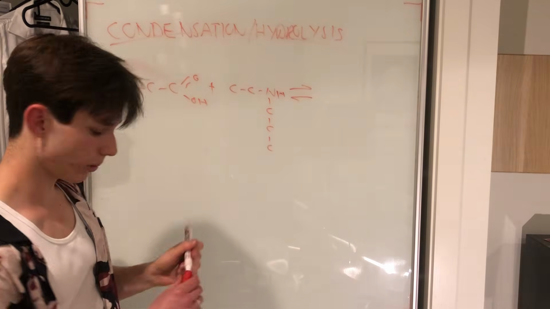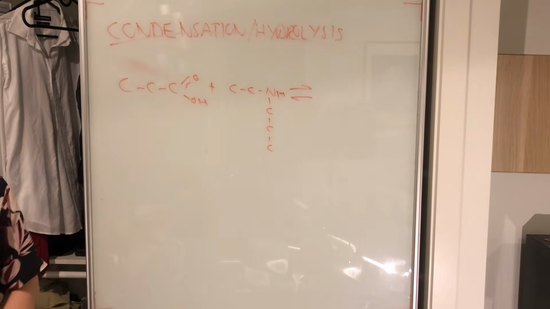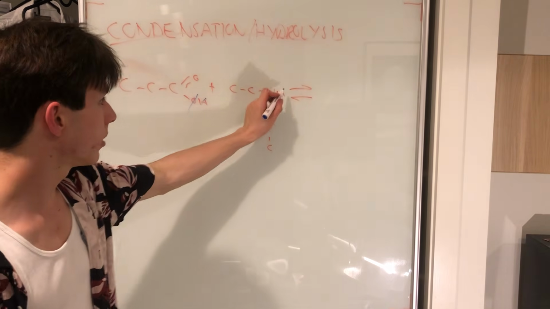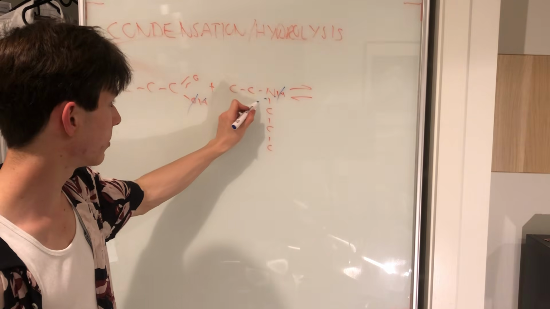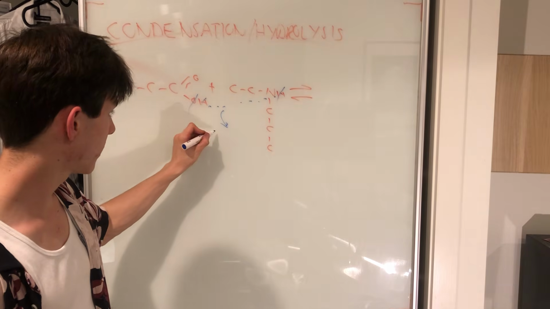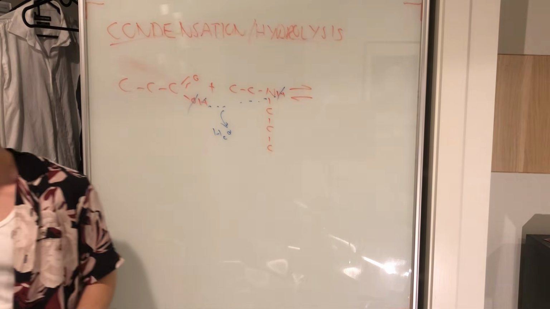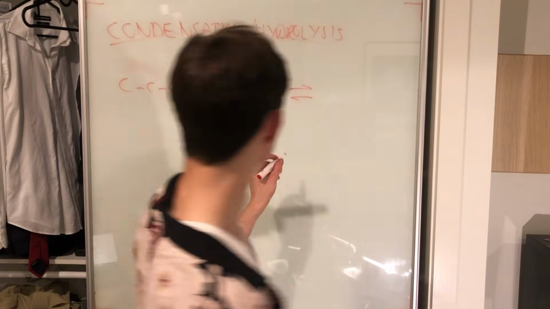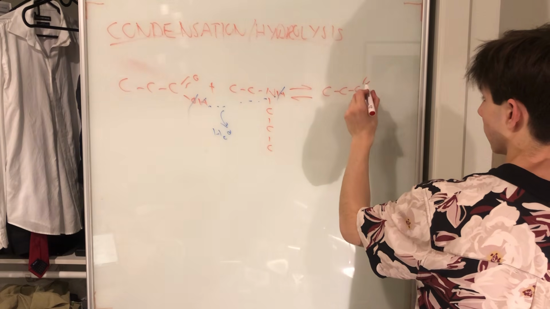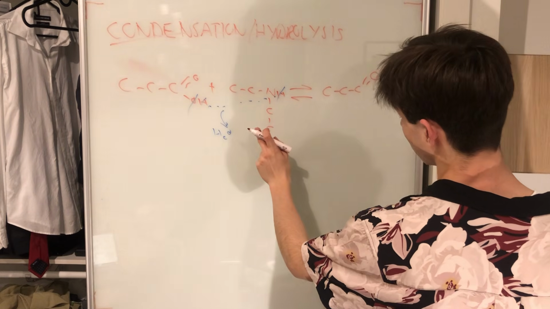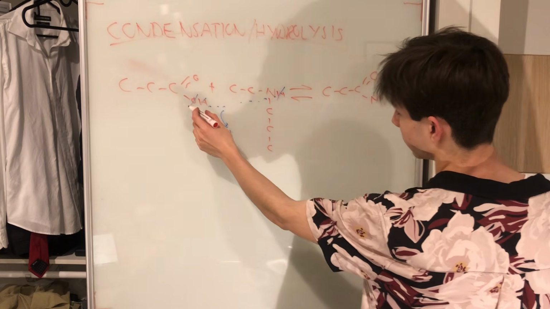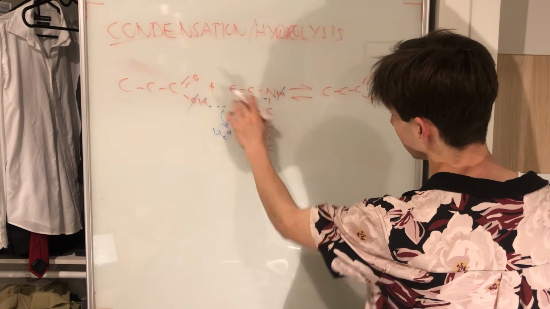Well, what happens here? We're losing the OH on the carboxylic acid. We're losing the H here, forming a bond, and we've just removed H2O, haven't we? So we're going to form CCCO, N. We've just formed a bond between the C and the N, and we're going to have these sticking out.